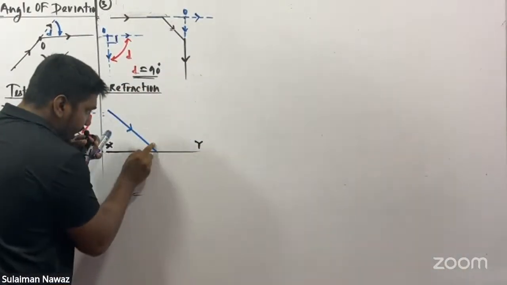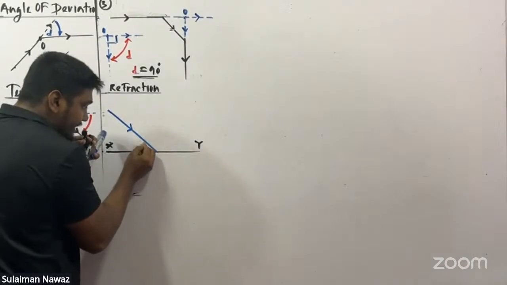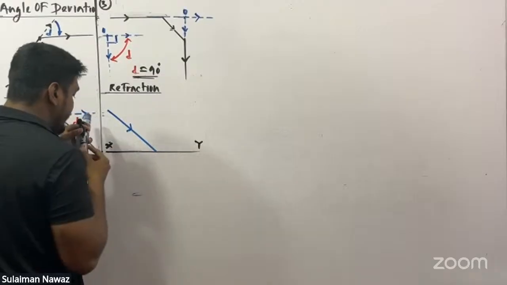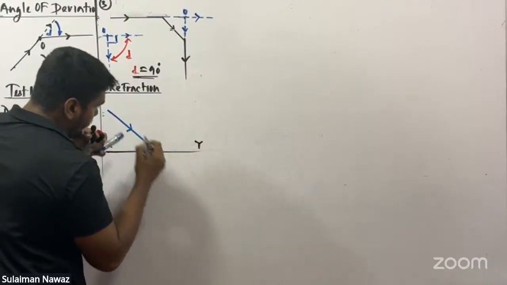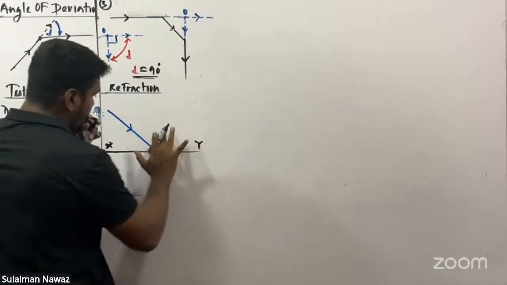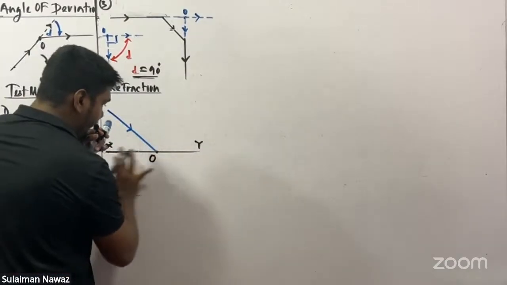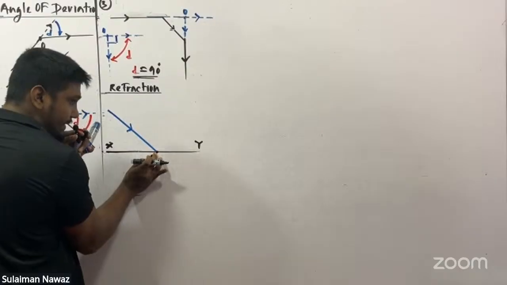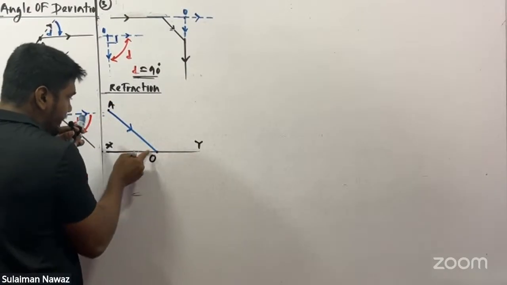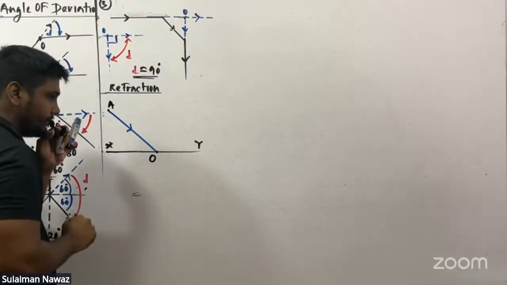Normally the point where the light ray is incident on the common interface, we call the incident point. Point O is the incident point. XY is the common interface, and point O is the incident point. This light ray we can name the AO light ray, that means the incident light ray.